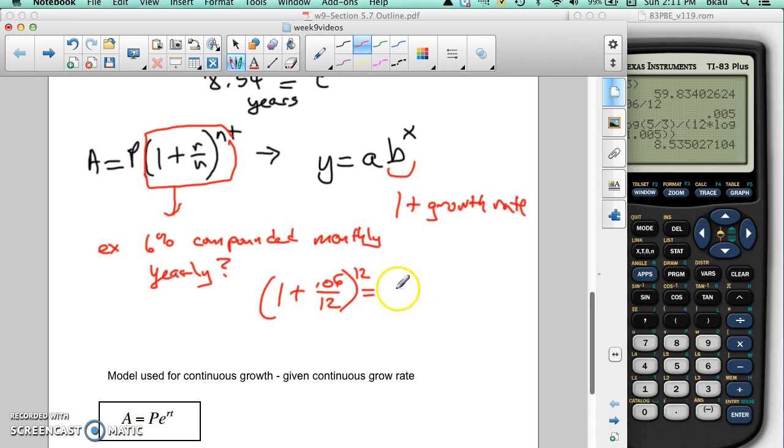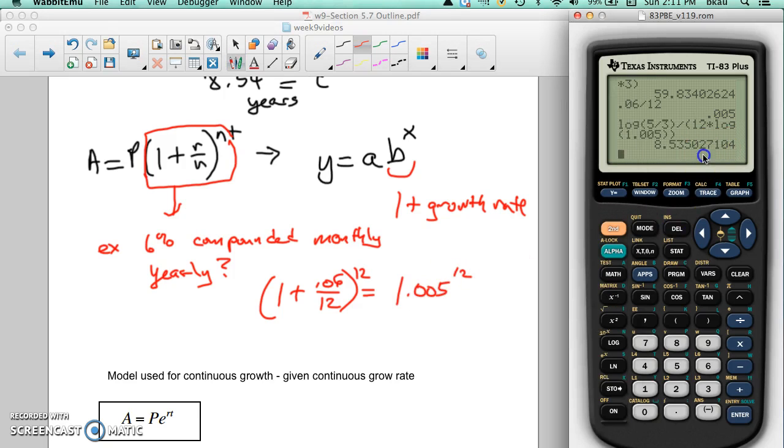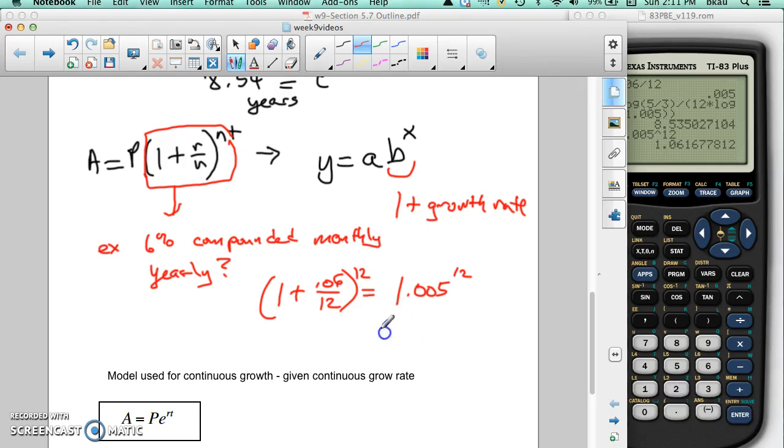That is 1.005 to the 12th power, which in this case is 1.0617. So basically this is our growth rate per year, which is 6.17% per year.